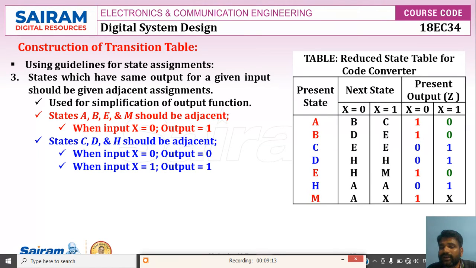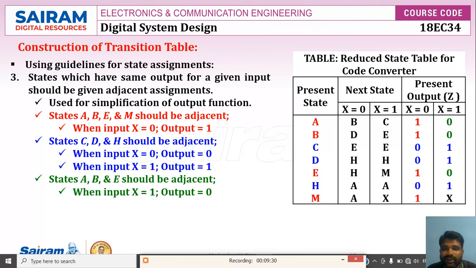So the states which have the same output for a given input should be adjacent. Clear? Similarly, states A, B, E should be adjacent since when input x is equal to 1, the output is 0 for A, B, E. Okay. This is the third rule, which is mainly used for simplification of the output function.